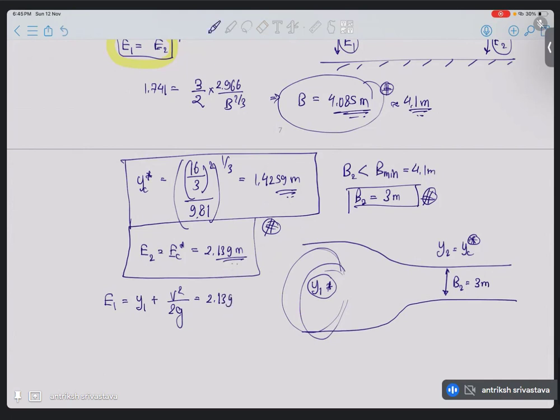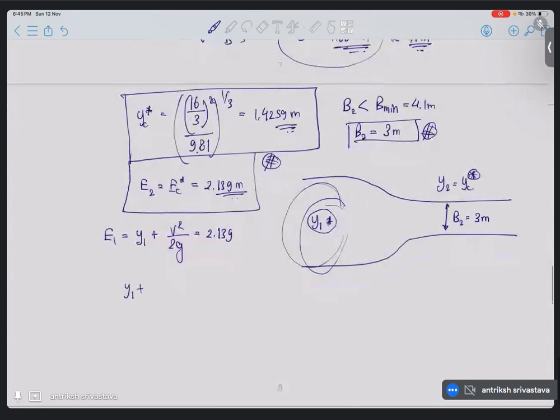Okay, so we have here Y1 plus Q. So again, we are going to write the velocity in terms of our discharge. So A is going to be 36 into Y1 square into 19.62 is equal to 2.139. Right, so again, it is going to be a cubic expression in y.